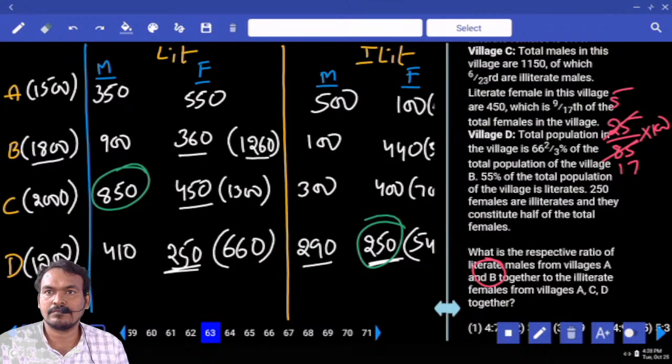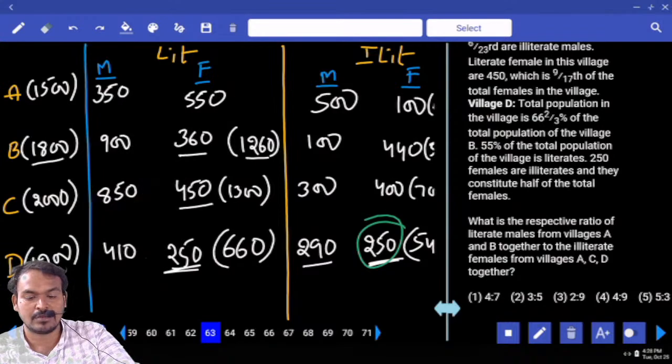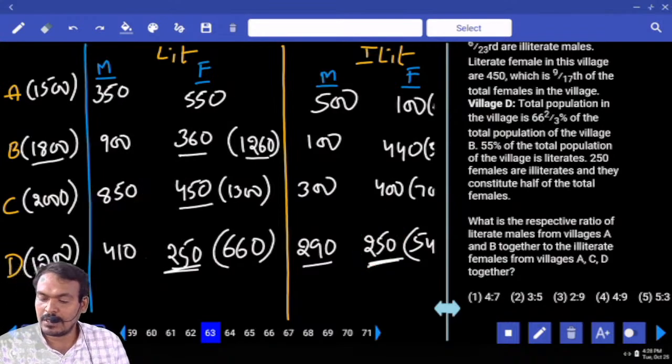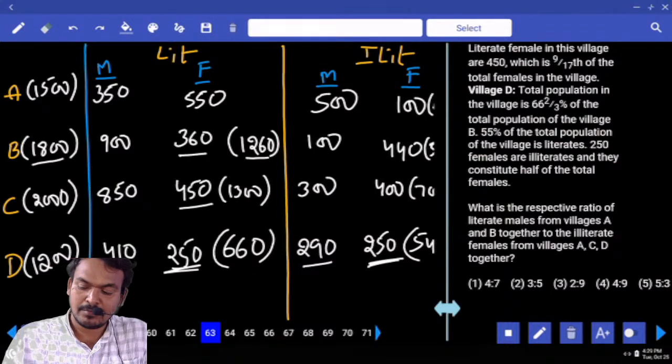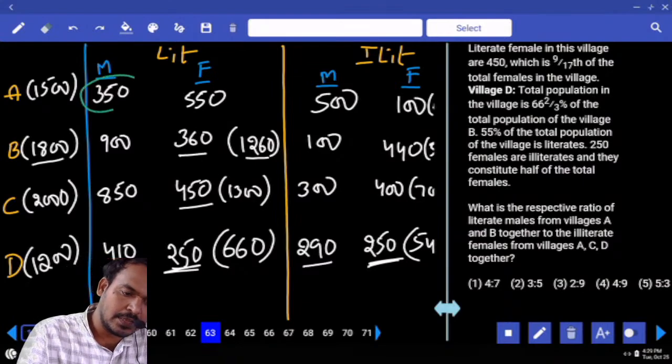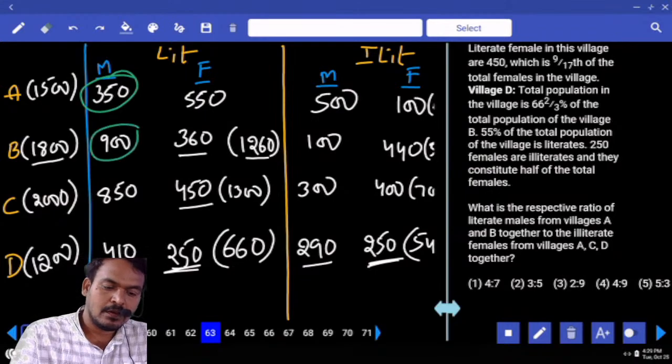Next, 63. What is the respective ratio of literate males from village A and B together to the illiterate females from village A, C, D together or not? Literate males from A and B together. What are the literate males? A, 350. B, 900.